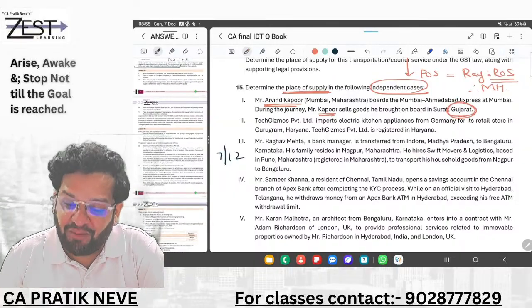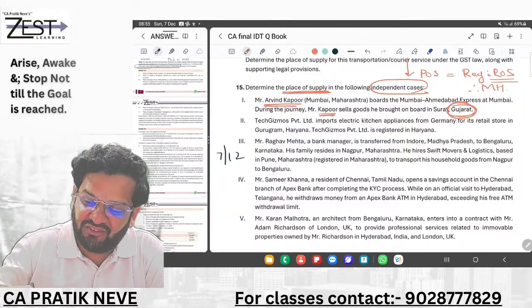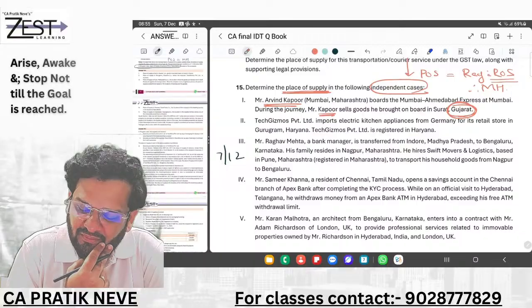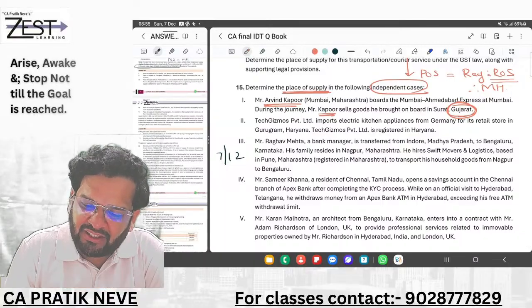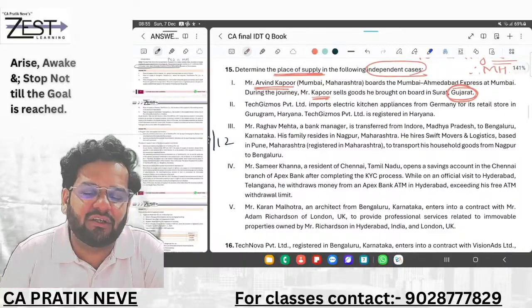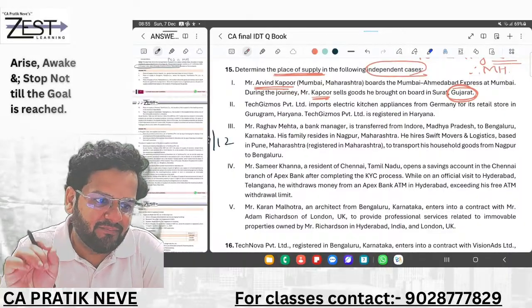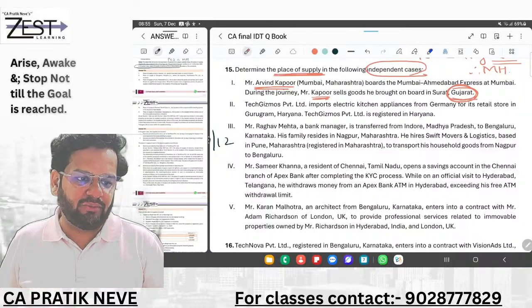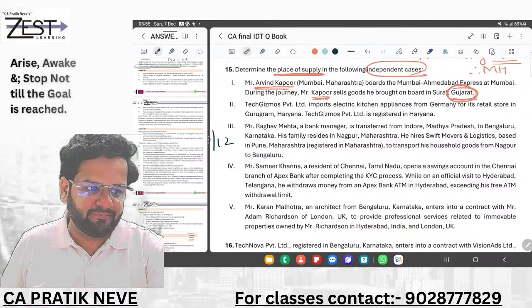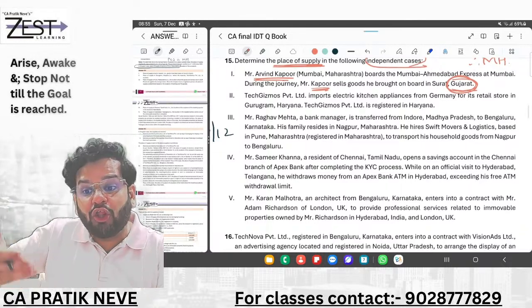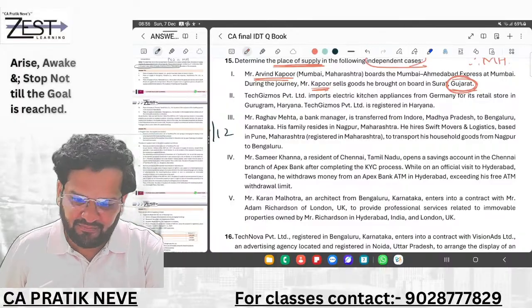And if I talk about the service, I think they are not expecting me to find it between the airline company and Arvind Kapoor. So I'm just finding the place of supply for these goods. So it's going to be Gujarat, where the goods are taken on board the conveyance.